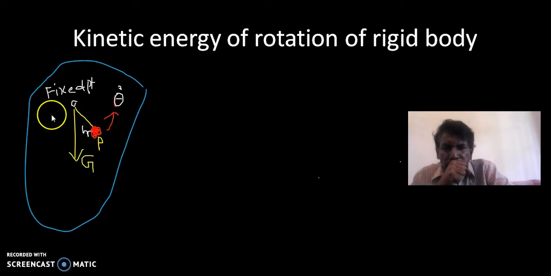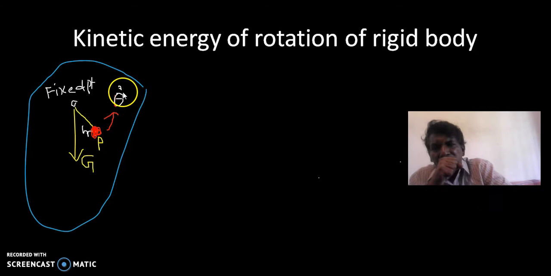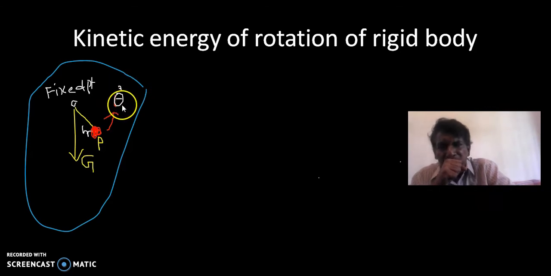Now, the small mass m is here, and the point is P. Let us take the angular velocity as theta dot. Theta dot is the angular velocity, that is the rate of change of angle with respect to time. So when the body is moving from right to left with the angular velocity d theta by dt, what would be the kinetic energy?